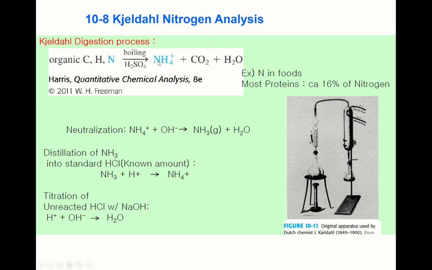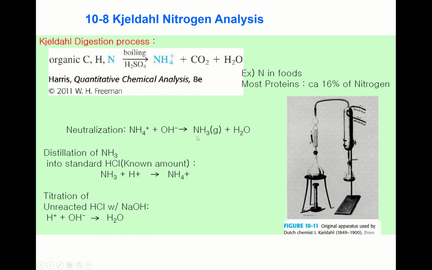And then you neutralize this solution, and CO2 is already removed. Neutralize means what? You add hydroxide ion. This ammonium ion reacts with hydroxide ion, and since the pH is increased to basic, the ammonium ion becomes ammonia gas.